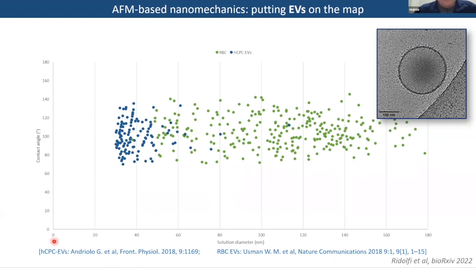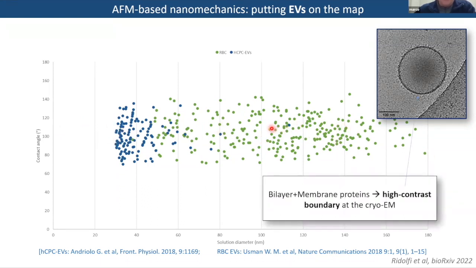These are human cardiac progenitor cell EVs, which are the smallest ones. And in addition, EVs obtained from red blood cells by our friends in Brescia, the lab of Professor Paolo Bergese. And as you can see, all these EVs have the expected mechanical behavior of having an average CA value that is conserved across all sizes.